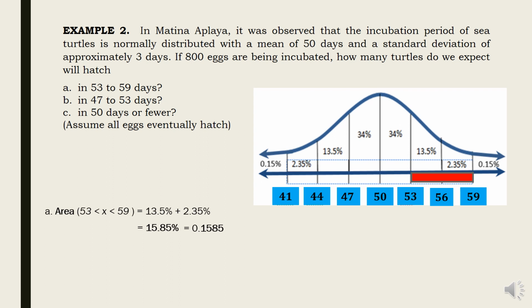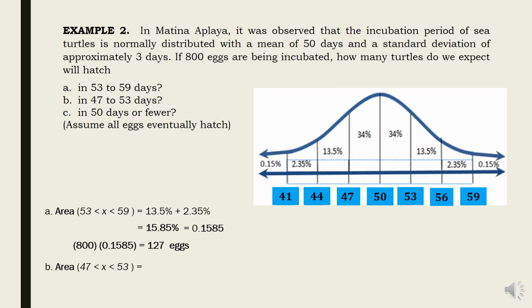To determine the number of turtles that will hatch between 53 to 59 days, since there are 800 eggs, we will multiply the resulting area, 0.1585, by 800. The result is 127. Therefore, there are 127 eggs that will hatch between 53 to 59 days.